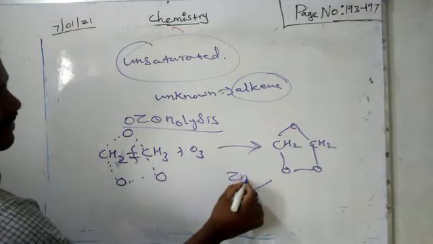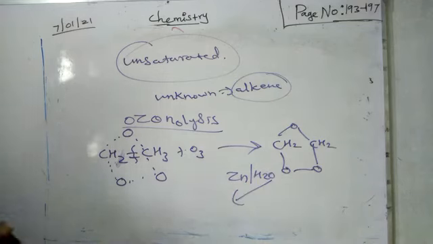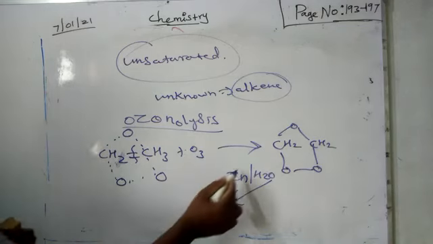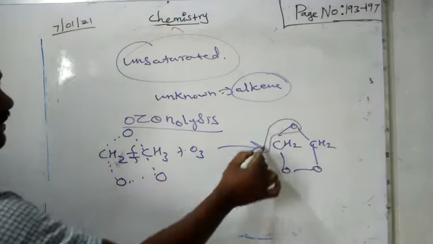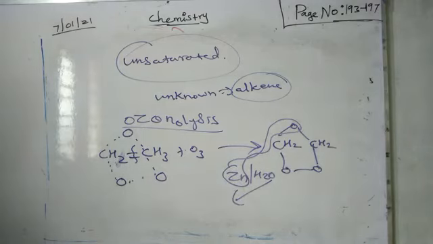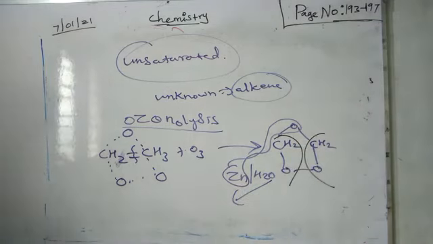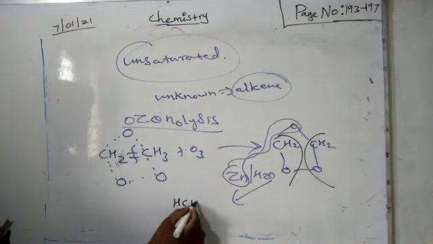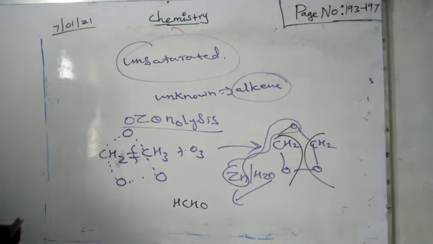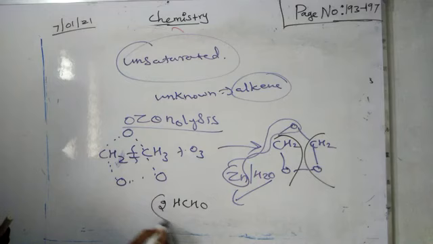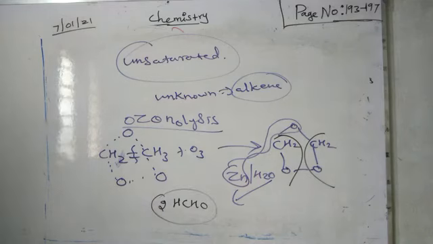It is reacted with zinc and water. Now the zinc will combine with this oxygen and go as zinc oxide. The remaining we have to break into two compounds: CH2O, that is nothing but HCHO, and that side also HCHO. 2 moles of formaldehyde will form in this process.